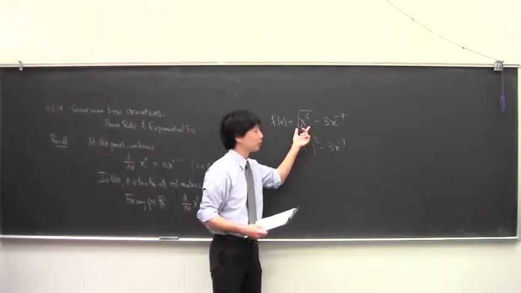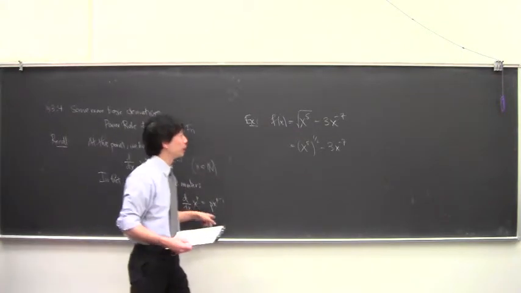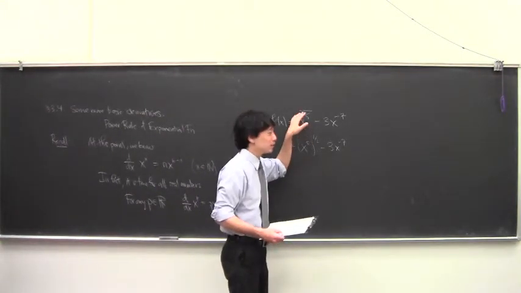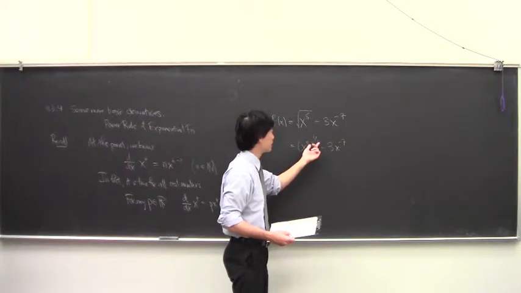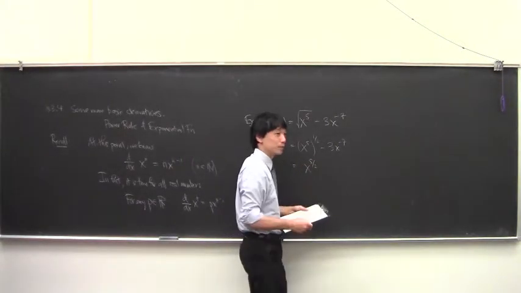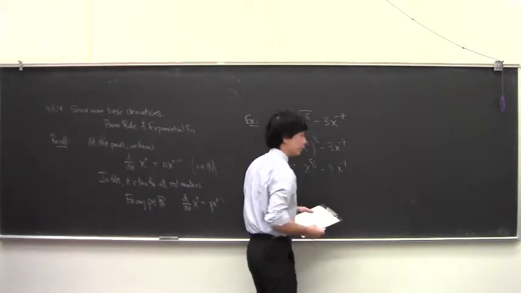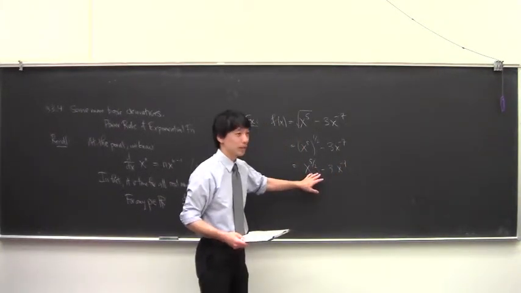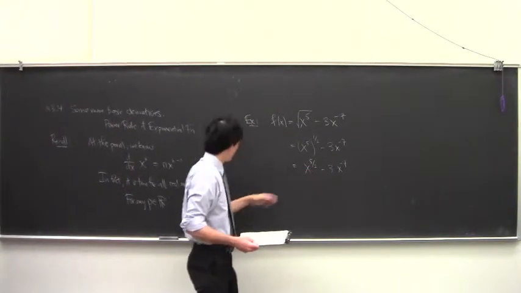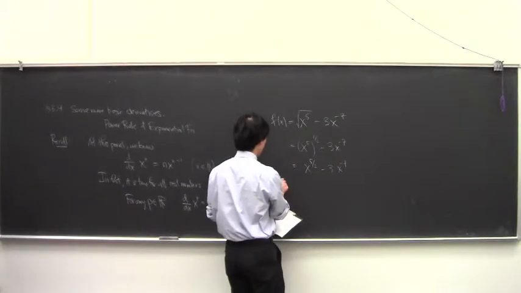You'd like to have something like x to the p, but it's not quite in that form. It's just a small disguise. You see that it's actually x to the 5 halves. So once you peel off that disguise, you see that you can apply the power rule to it.